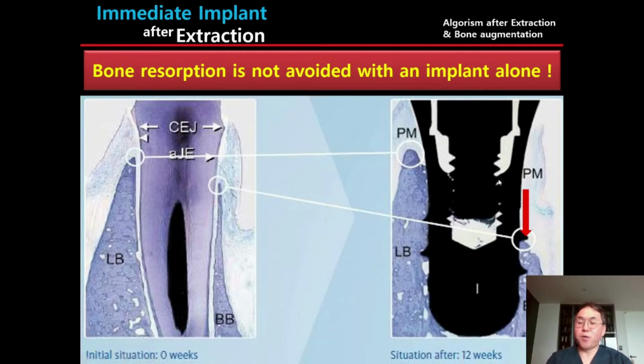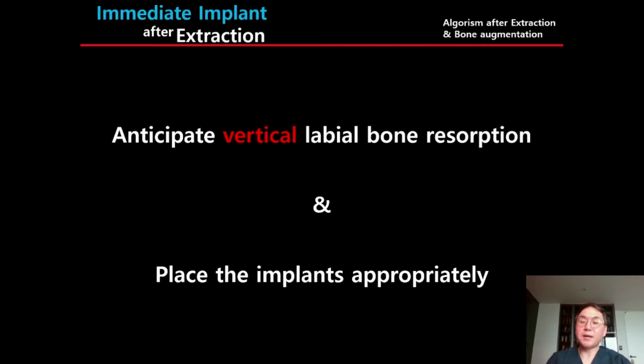implant cannot hold the bone, so horizontal bone resorption will occur, and at the same time, vertical bone resorption will occur. So by placing graft material into the extraction socket, we can compensate the labial bone resorption, and also we can maintain labial tissue thickness around the implant.